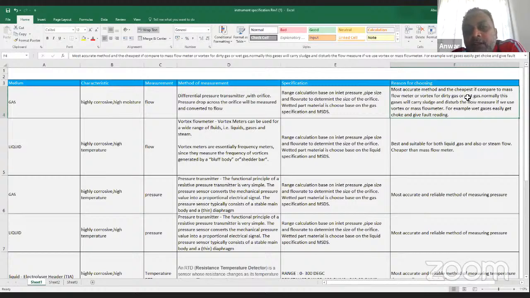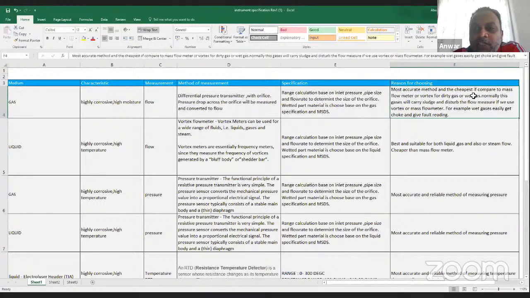The reason is, say you buy an equipment for 100 ringgit, but it lasts only 10 days. But I buy an equipment that is slightly more expensive, like 1,000 ringgit, but it lasts maybe 10 years.